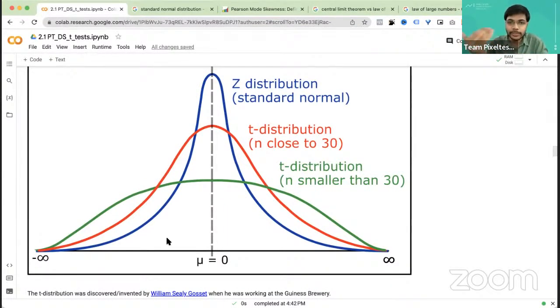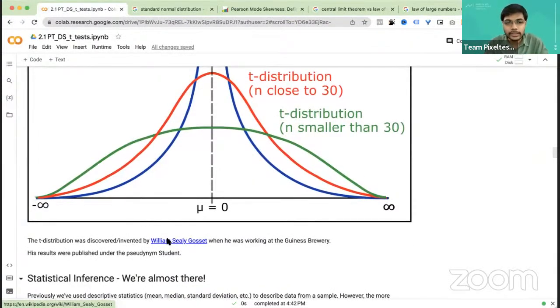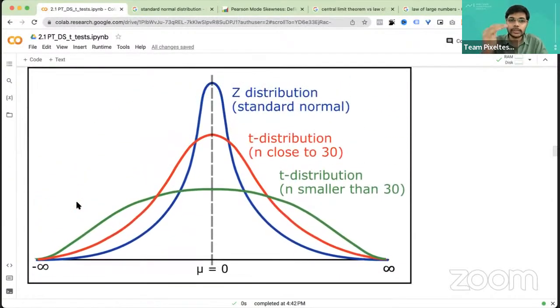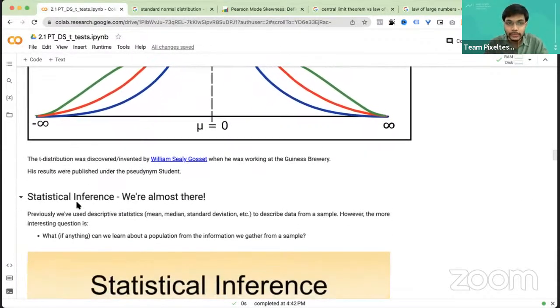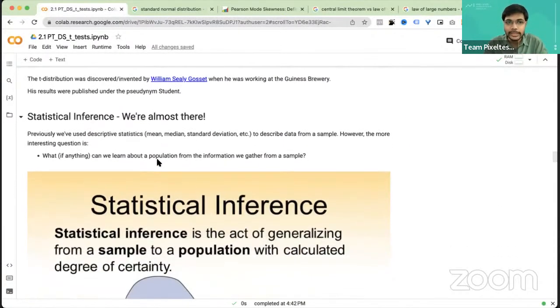Specifically the beer, that is what he graphed out, and that is how he came across the T distribution, right? So this is how it gets reduced. So this is the T distribution. We'll also go through this with an example, right?